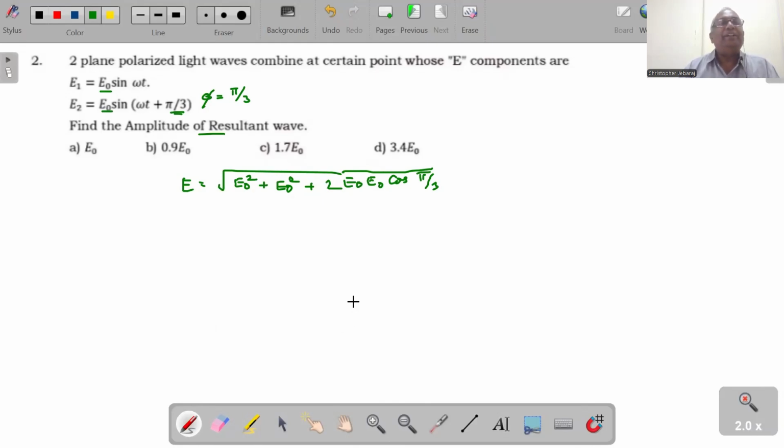Here I have substituted the values directly: A1 is E0, A2 also E0. Cos pi by 3, cos 60, is 1 by 2. The 2 gets cancelled. The balance is E0 squared plus E0 squared plus E0 squared, so it becomes 3 E0 squared. Taking the root, root 3 E0 is the resultant amplitude, which is 1.732 E0. This is the answer.